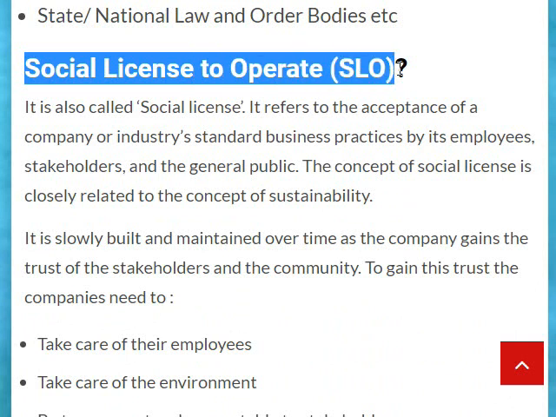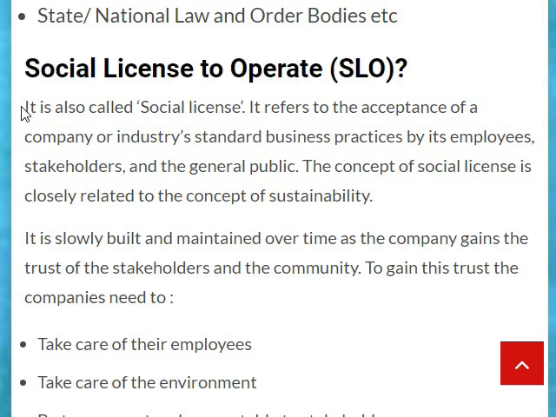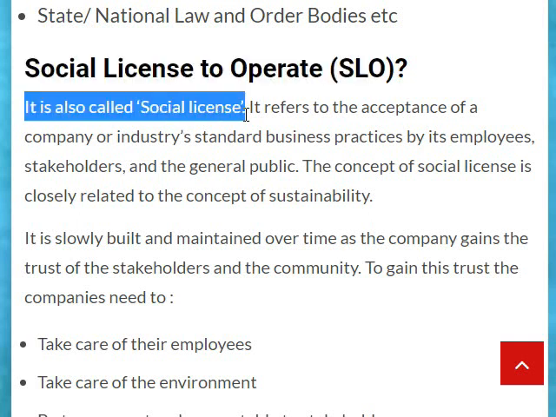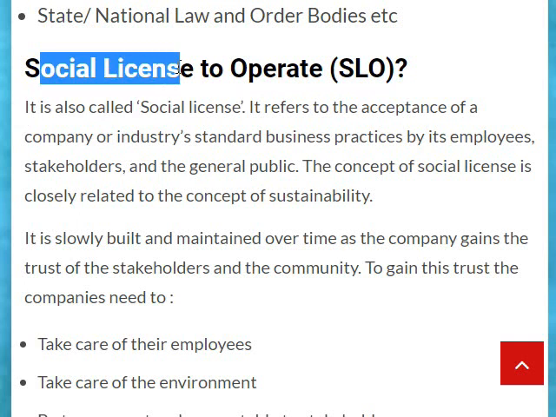Now, let's talk about the social license to operate. This is where we have come to the topic of interest, that is social license to operate. This is what we are trying to understand through this video, through this chapter. Firstly, it is also called social license.